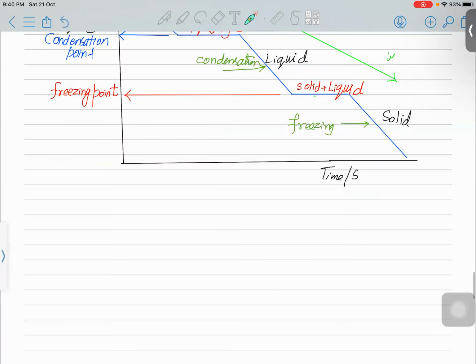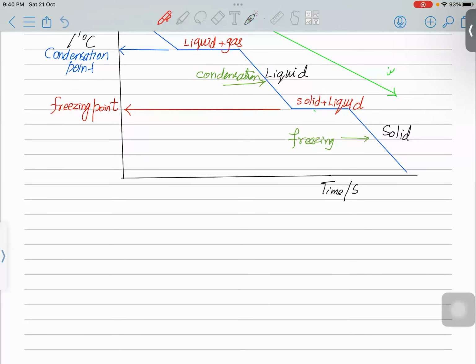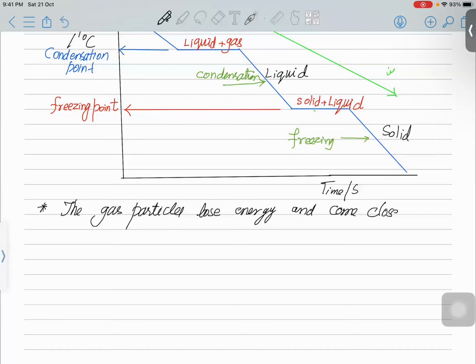Are you getting my point or not? Yes, sir. So now, gas particles lose their energy and come closer and change to liquid.